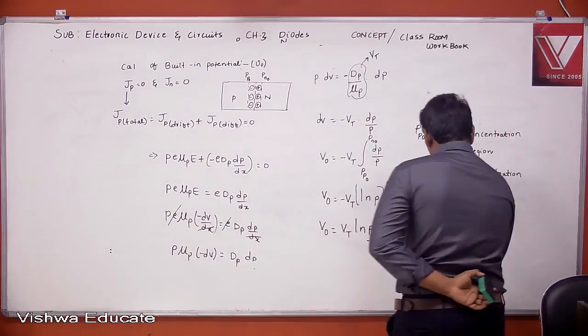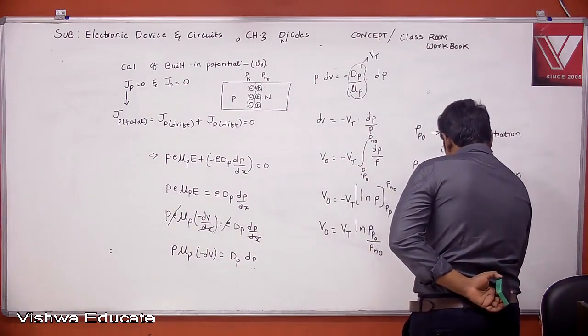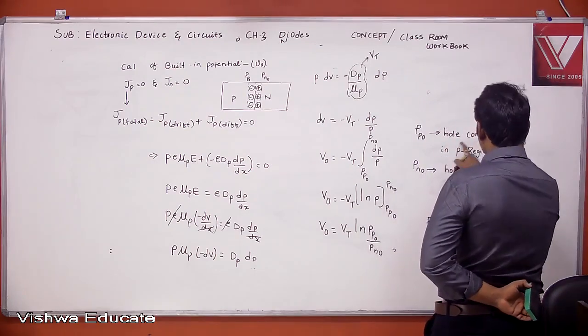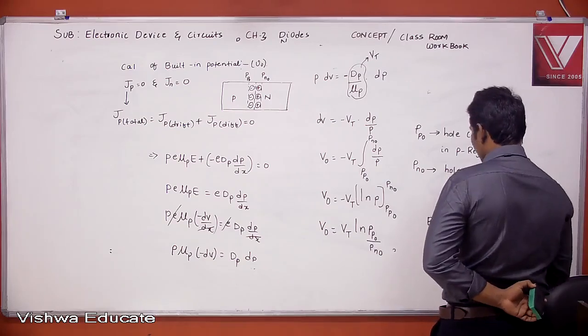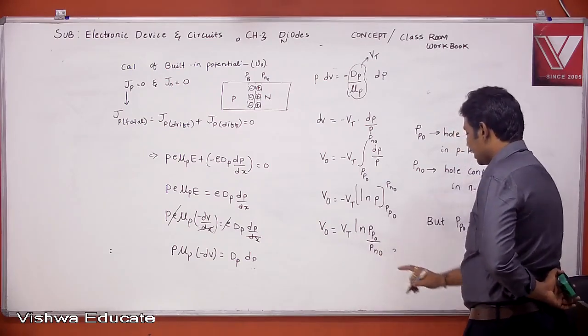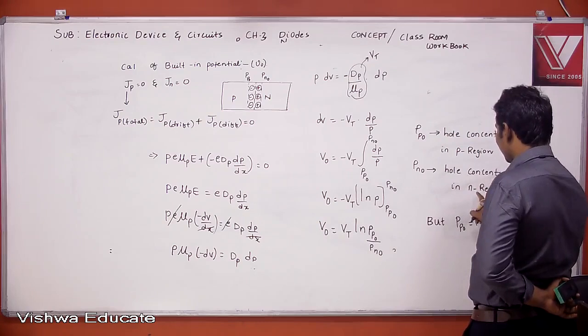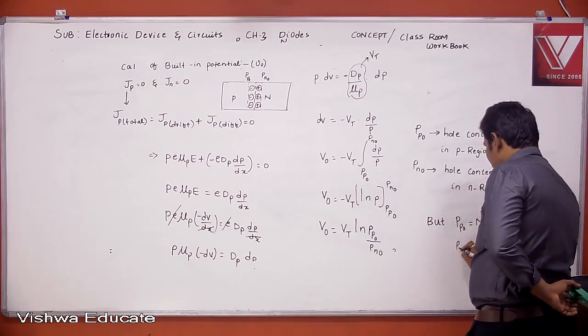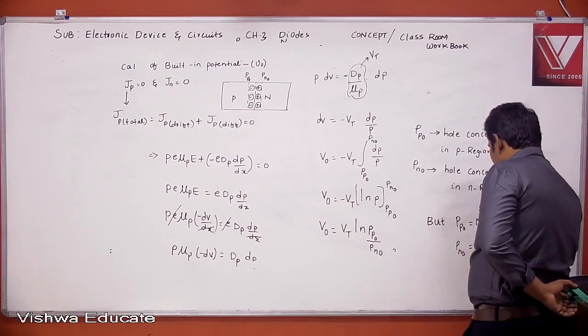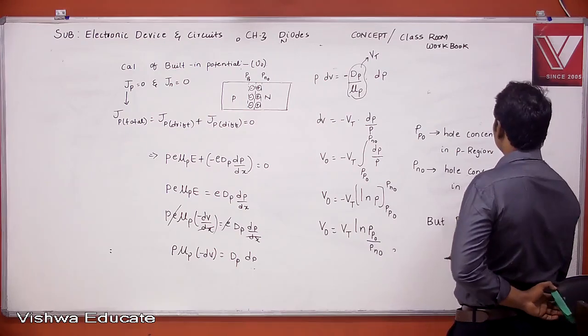But what is PP0 actually? PP0 is nothing but hole concentration in P region, that's simply the acceptor concentration, right? And what about PN0? PN0 is nothing but hole concentration in N region, that means minority carrier concentration, right? This PN0 is nothing but Ni square by Nd, right?